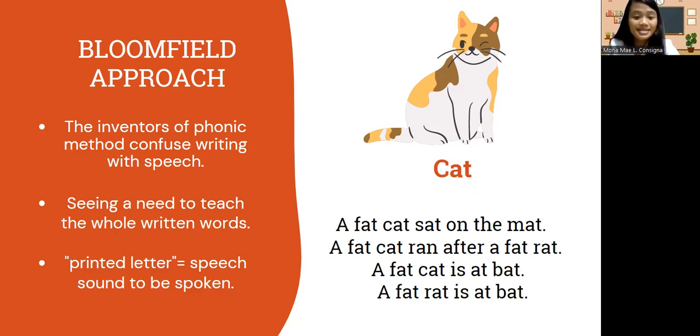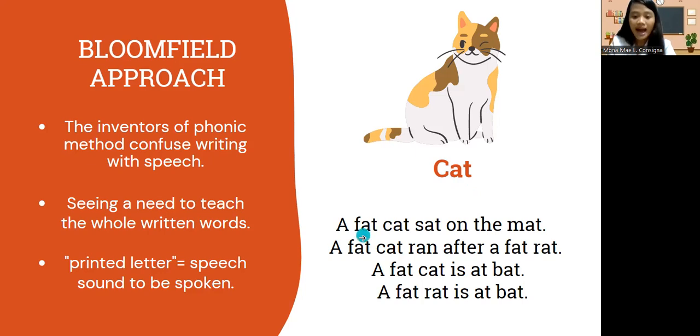The teacher lets the child read the word cat with her. The teacher will model it, saying the word cat, and then the students will follow. Next, the teacher shows the same vowel and final consonant but with a different initial letter, like fat, mat, hat, and so on.